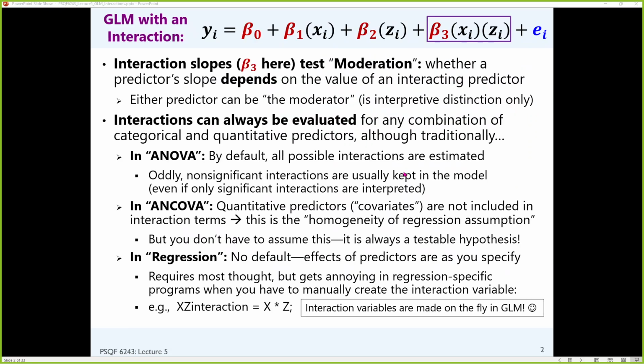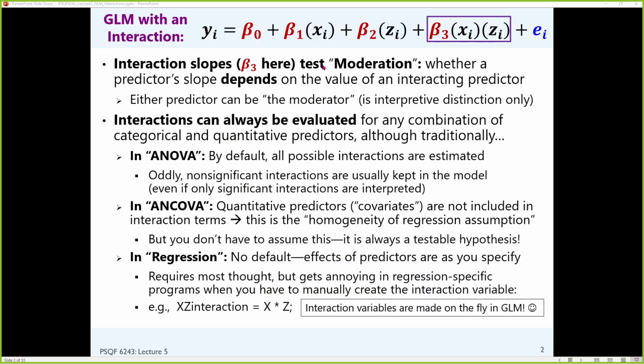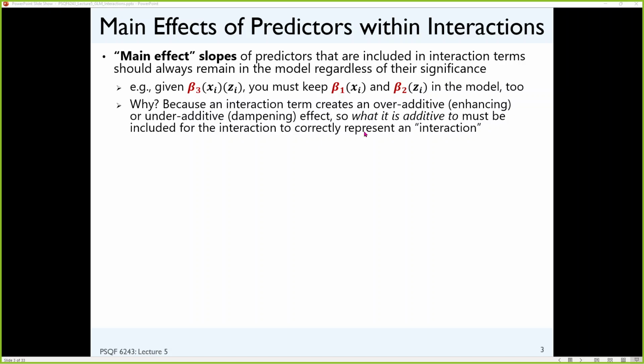So we have a lot of new vocabulary that goes with this idea. Fixed slopes are now going to be of different kinds. So you will hear me switch my terminology accordingly to talk about main effects. A main effect is what I would call beta 1 or beta 2 in this analysis because it's of one of the predictors all by itself. So main effect versus interaction.